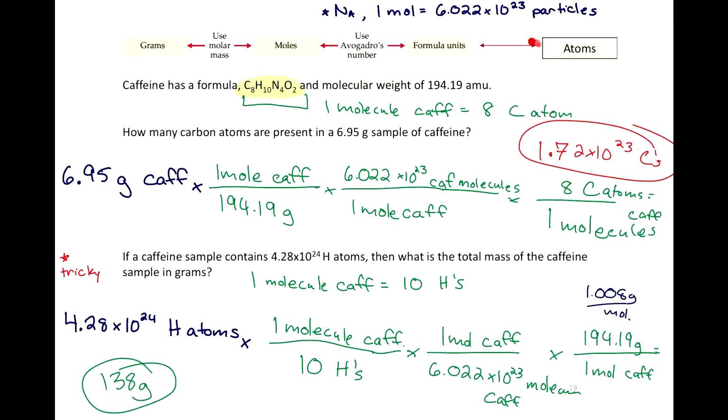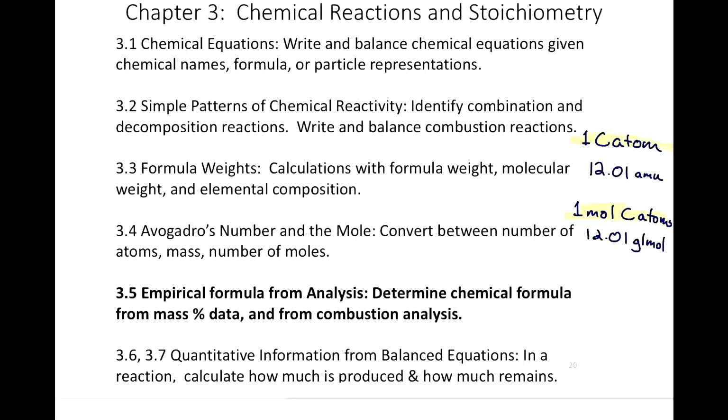I'll figure that out. And then finally, if we can relate a mole amount to number of particles, we can also determine how many elements or atoms of a certain kind are present in a sample, as long as we know what that chemical formula is. If we have 1 mole of caffeine particles, then we have 8 moles of carbon atoms there, because there are 8 carbon atoms in every one formula unit. We can weigh a single carbon atom, the value off of the periodic table, 12.01 AMU, so atomic mass unit.